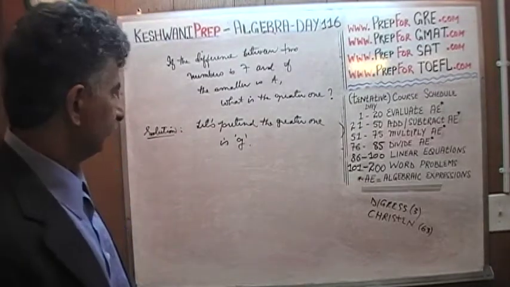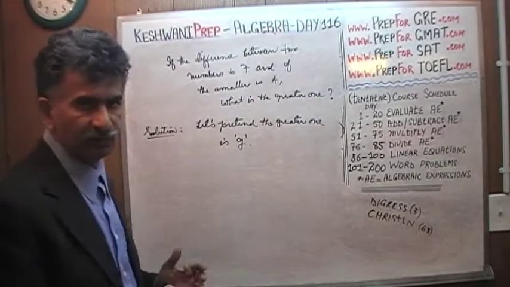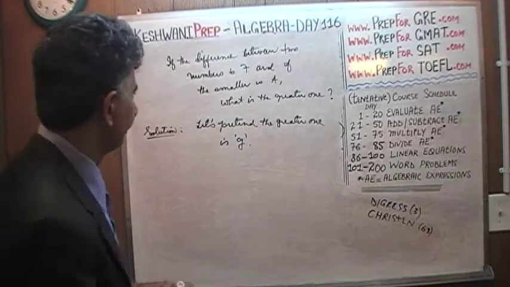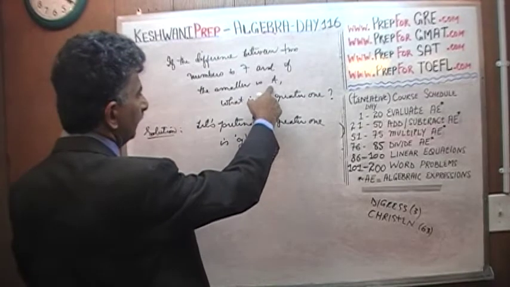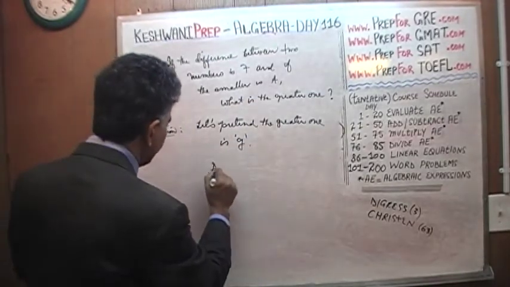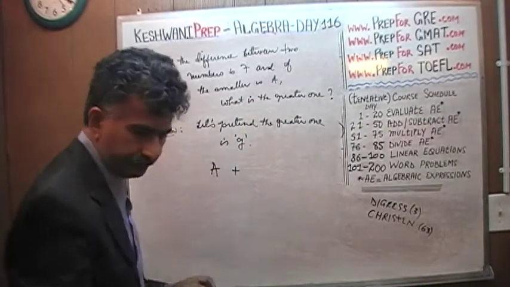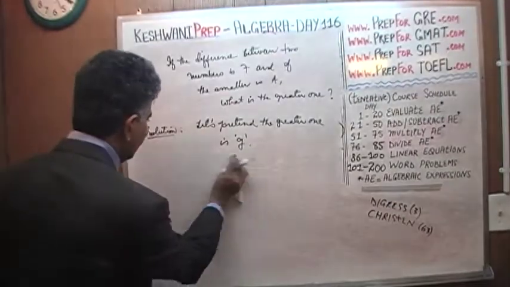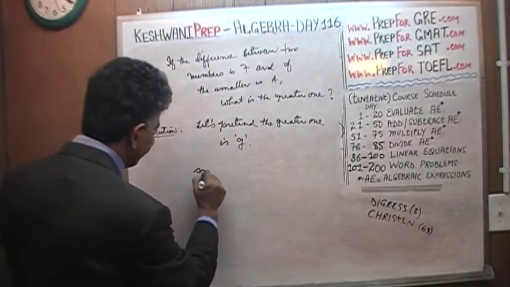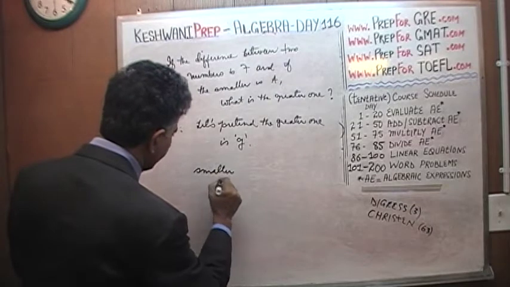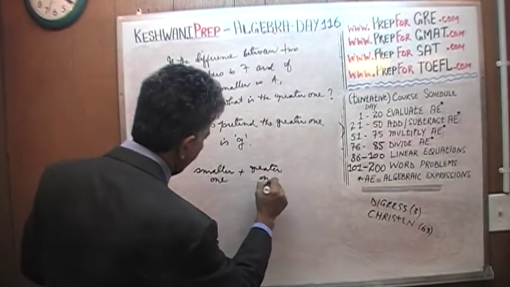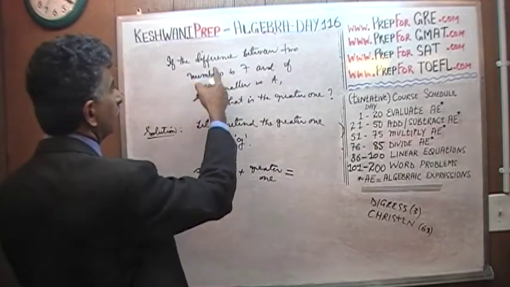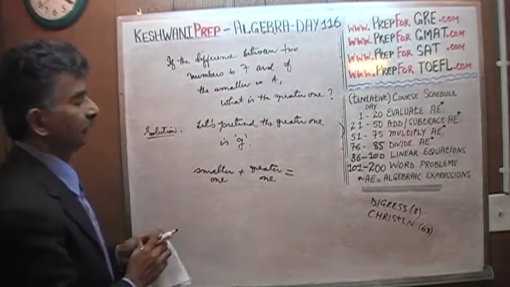So, let's pretend that the greater one is G. We're giving it a name. We christen it G. If the greater one is G and the smaller one is A, then the sum of the smaller one plus the greater one, we are told that actually the difference, not the sum.